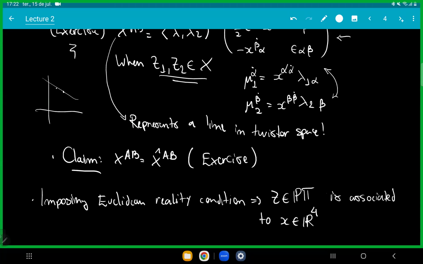Now I'm going to be a little bit loose and just write it R^4, but you understand this as being Euclidean, if this reality condition, this invariance, holds.